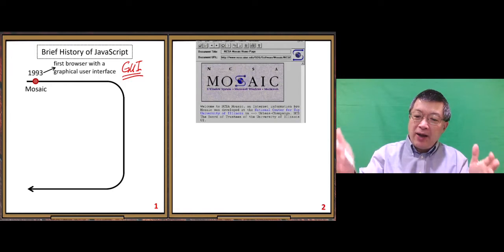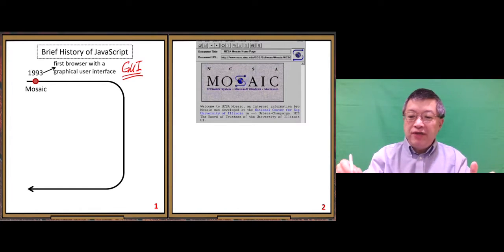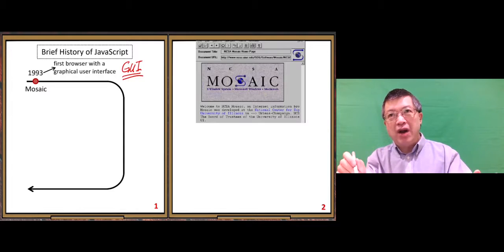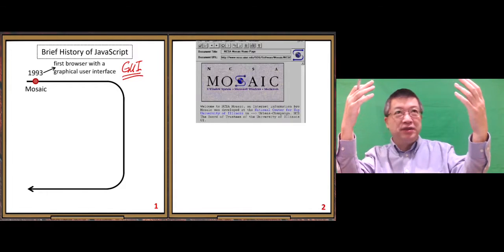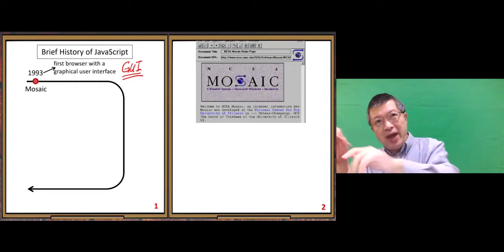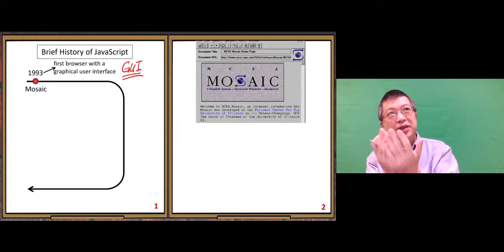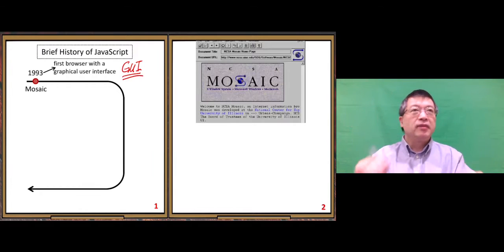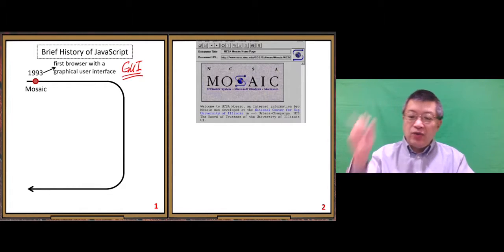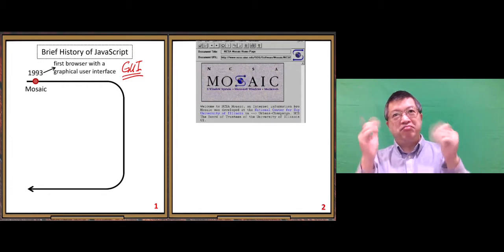Then in 1993, with this graphical user interface, the first browser could display pages. You do not need to download explicitly. You do not need to type commands. You do not need to print out to read the news. You can read the news directly on web pages.